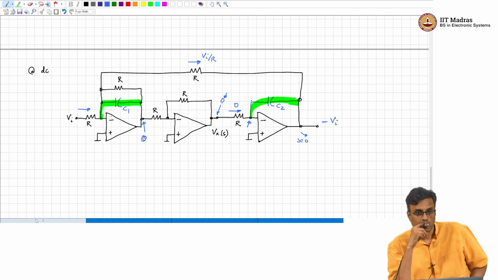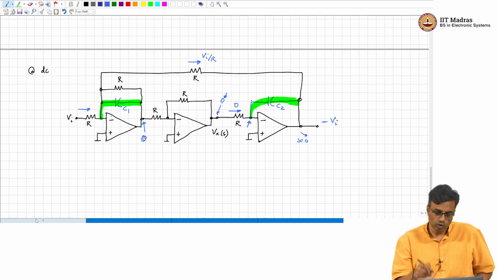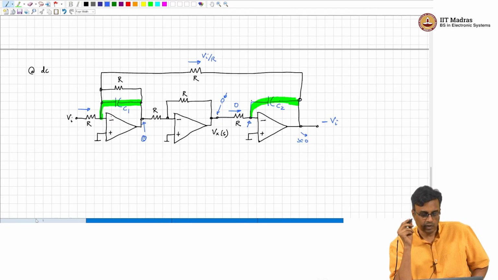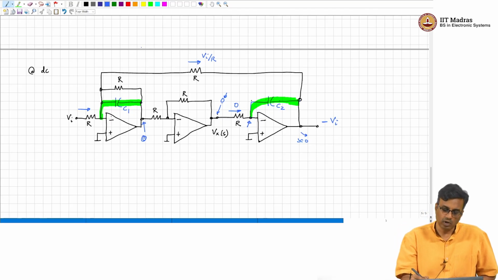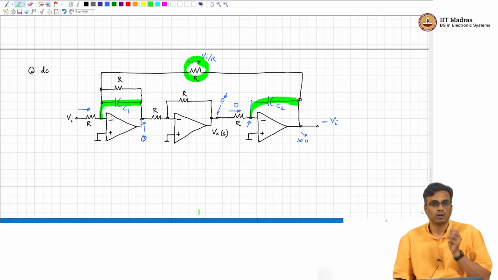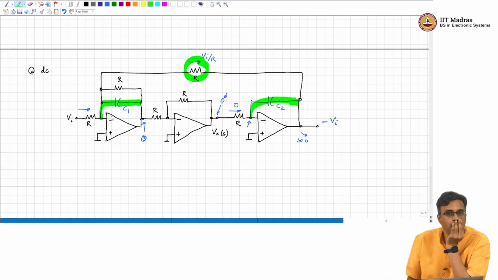There is no potential difference across C1, no potential difference across R, and none across this R also. This voltage is almost 0, this voltage is also almost 0.